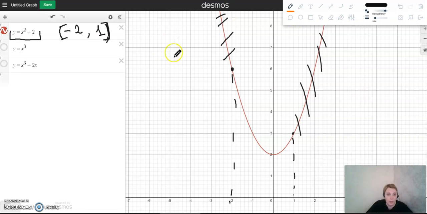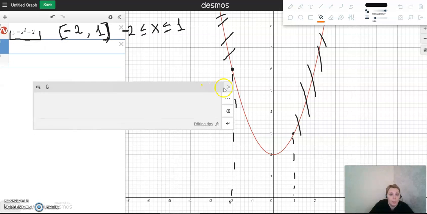Another way to write this down is x is greater than or equal to negative 2 and x is less than or equal to 1. And I can even write this down in Desmos. This is absolutely possible.